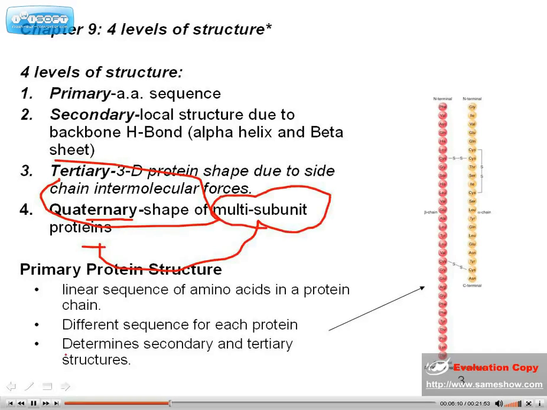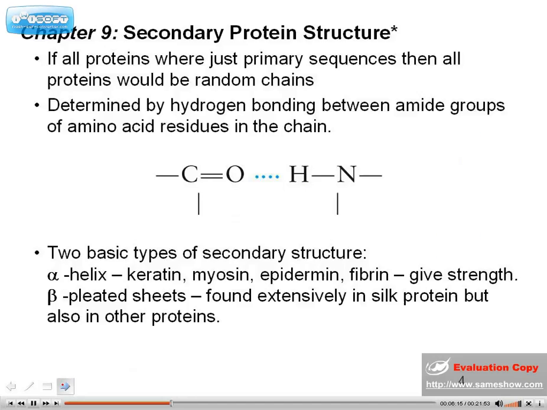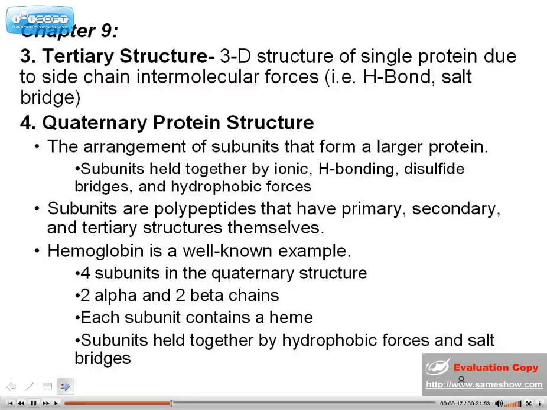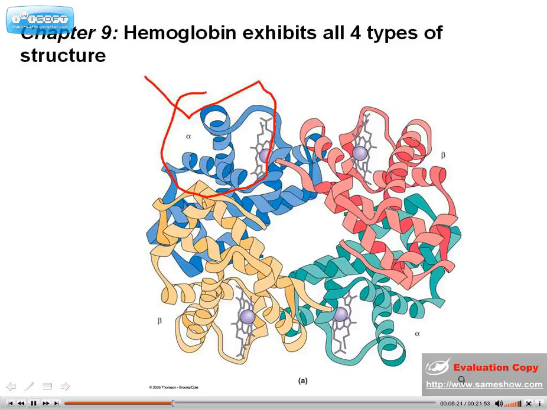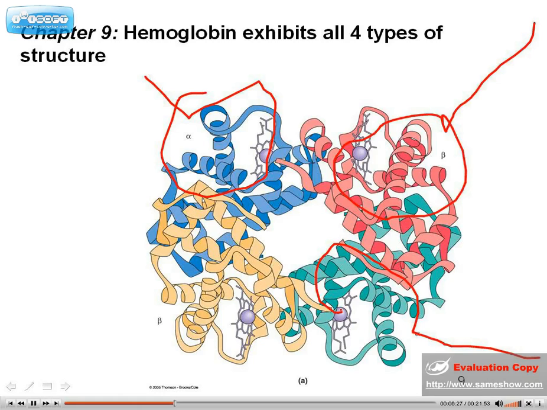The best example, and I'm going to go forward several slides just to show you, the best example of this is hemoglobin, where each one of the individual colors represents an individual protein that are all linked together via side chain intermolecular forces. So let's go back several slides.